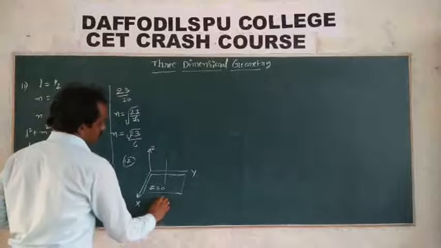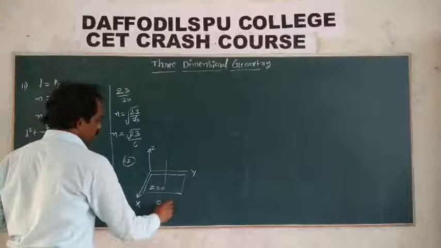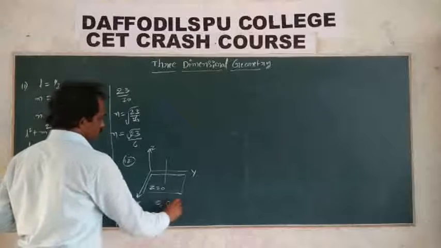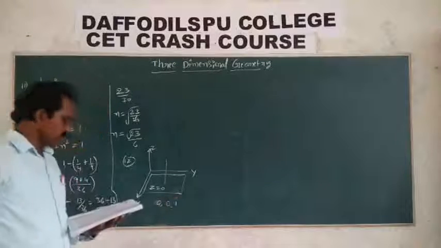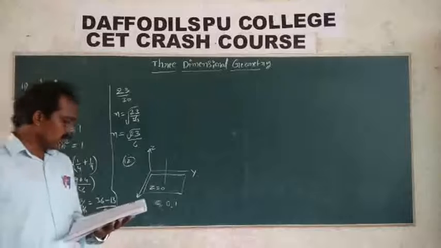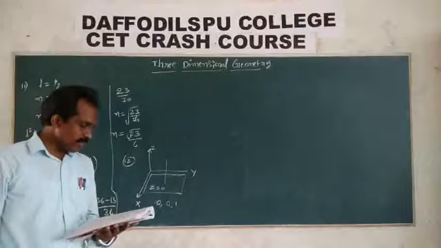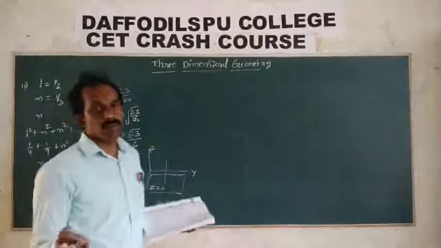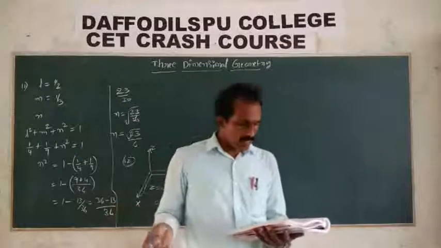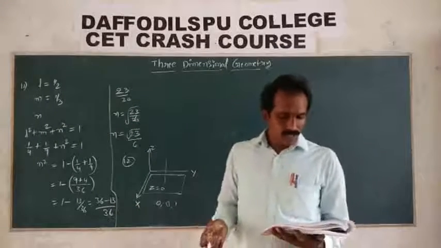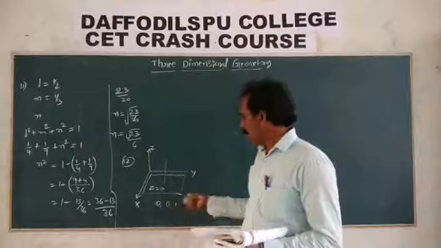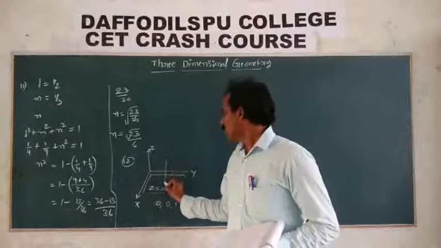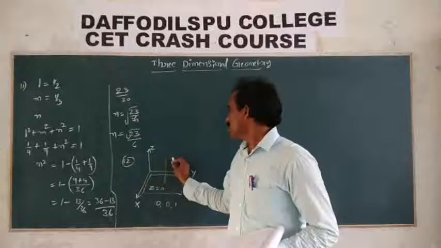Perpendicular is 90 degrees, parallel is 0 degrees. So 0, 0, 1 is the value, right? Therefore, the direction cosines of any normal to the xy plane. Direction cosines means cos alpha, cos beta, and cos gamma.